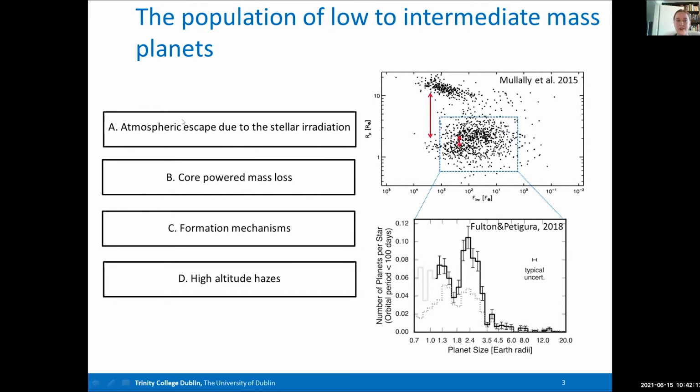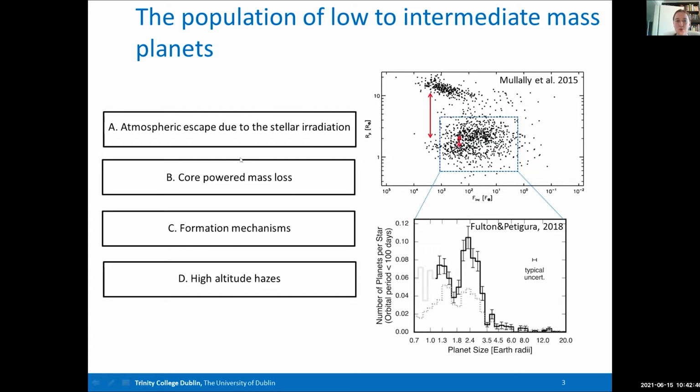The first of which is atmospheric escape due to stellar irradiation, where the most popular model is the analytical energy-limited approximation, which supposes that the stellar high-energy XUV radiation is absorbed by the planetary upper atmosphere, heats it up, and therefore leads to expansion and mass loss.